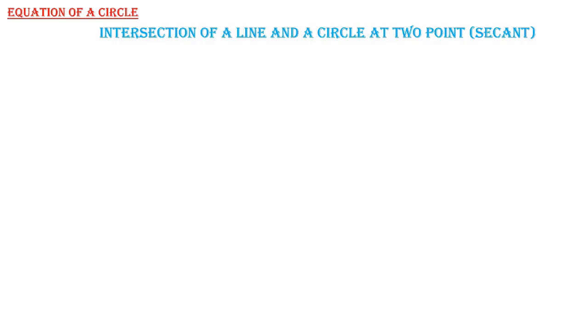If only one point is obtained, then it means that the line touches the circle and is therefore a tangent to the circle. Moreover, if you obtain 2 points, then it means that the line cuts through the circle at 2 points. Therefore, it's a secant to the circle.